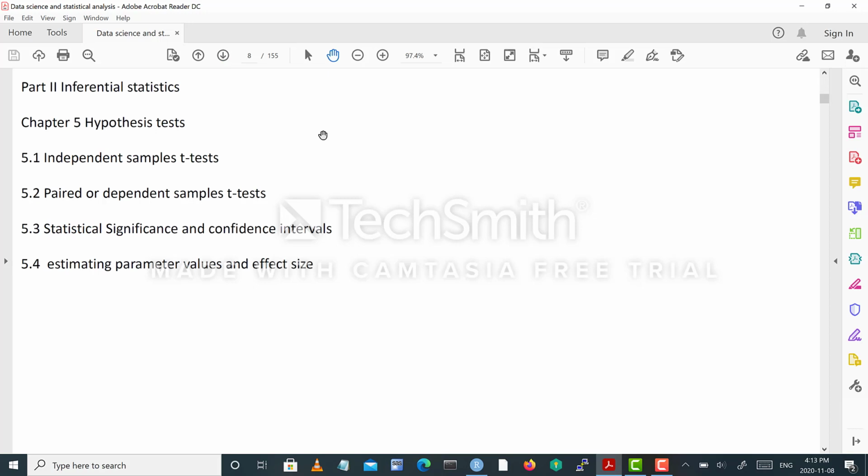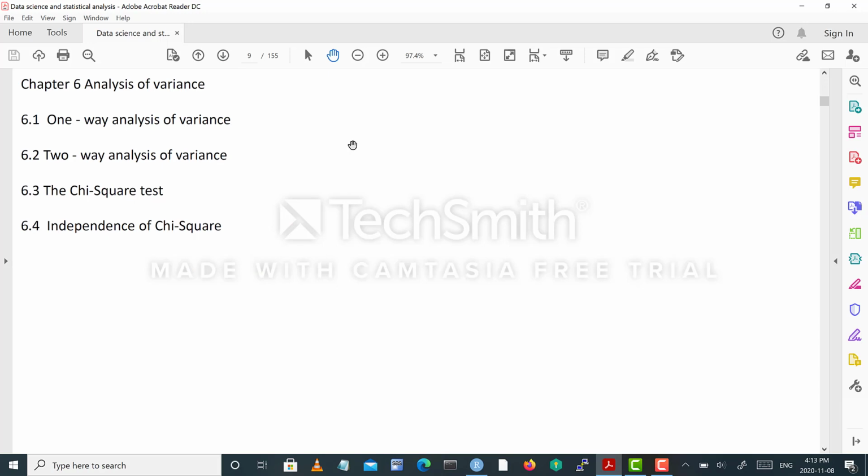Part 2, which is about inferential statistics, is about hypothesis tests, independent samples t-tests, paired or dependent samples t-tests, statistical significance and confidence intervals, estimating parameter values, and effect size.